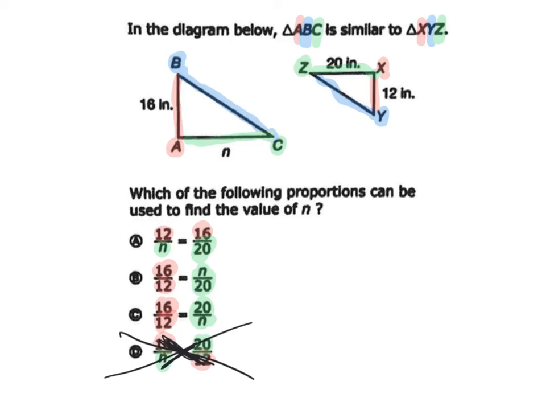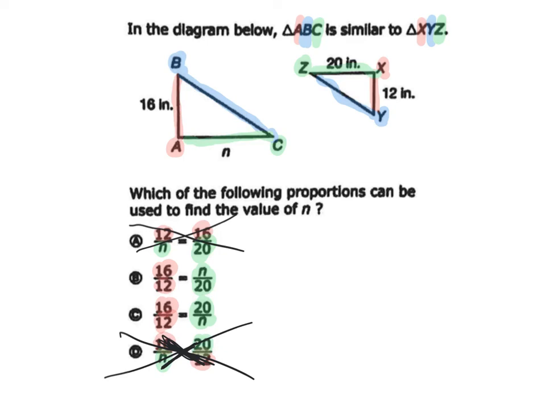Now we need to look at the others. 12 is 16, so 12 is the small triangle, 16 is the big triangle. So 12 would have to be with 20. Here, those cross. So the same triangle is across from each other, which means that answer choice would be wrong. Because the small and big have to line up.